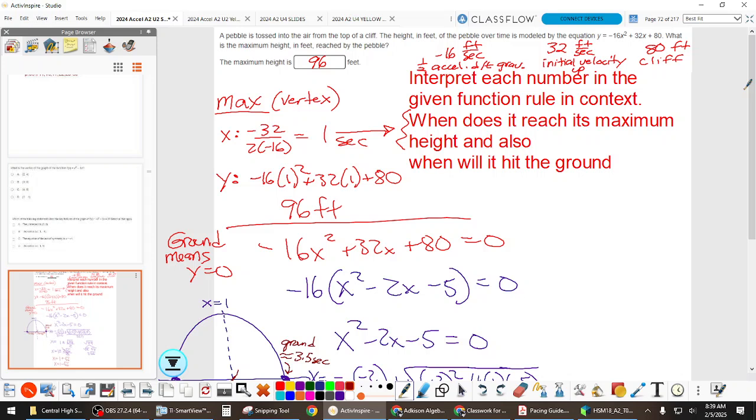I have stood on an 80-foot cliff and thrown a rock off. I can absolutely throw it 22 miles an hour underhand. Everybody in here probably could. So everything in here is legit. We have analyzed this with no calculator, right? It takes roughly 3.5 seconds to get to the ground. And it went to a maximum height of 96 feet off the ground. Not off your cliff, but off the ground.